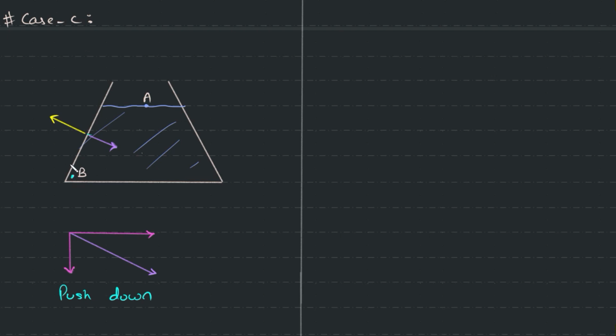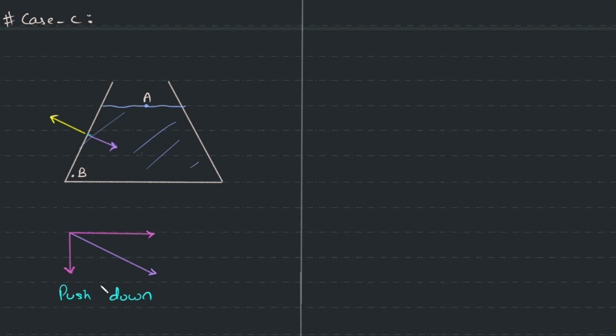So the amount of force over here will be much greater than over here. So the reaction force will be much greater. Does it make sense? So here it will not be so much.